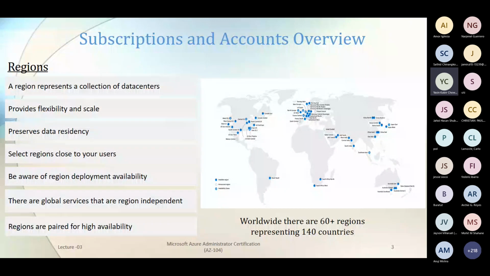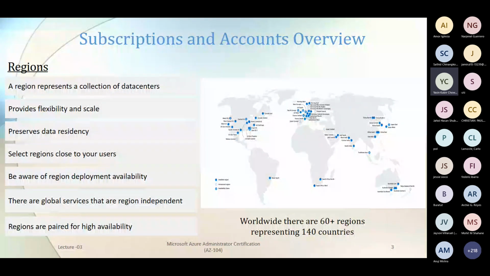First is the region. What is a region? Microsoft Azure is made up of data centers located around the globe. These data centers are organized and made available to end users based on geographical area.